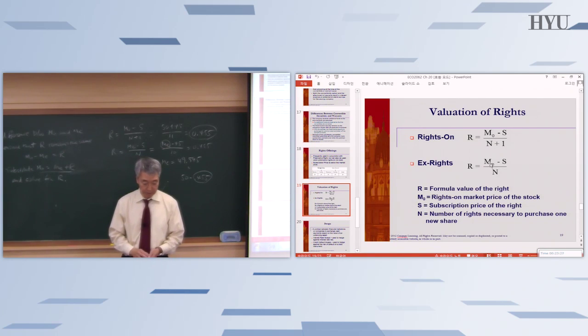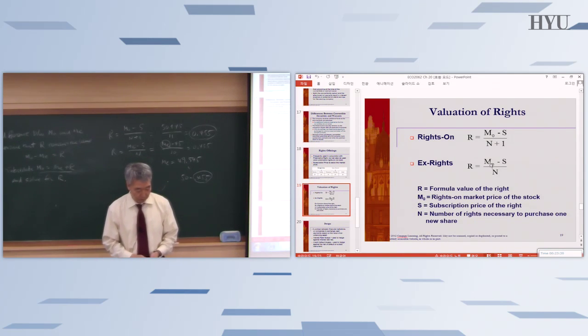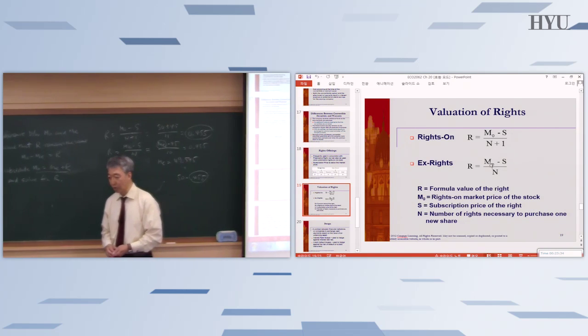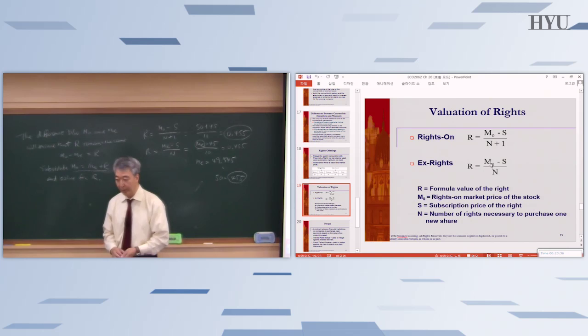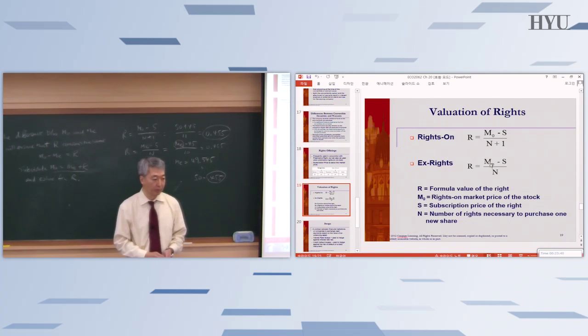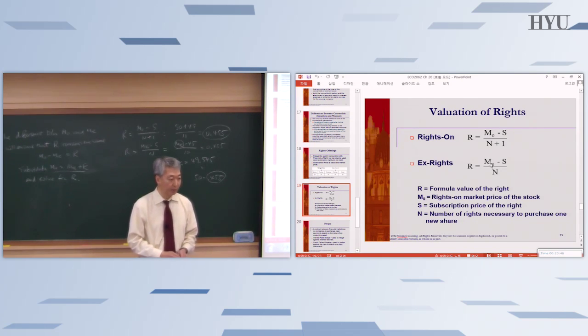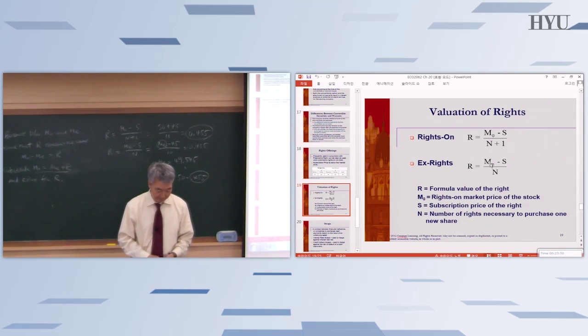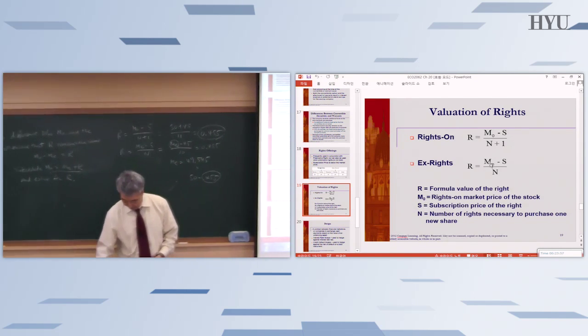So it's a very short-term call option. You have an option to purchase the new share or not. If you don't want to, you can just let it expire, or you can sell it in the market. That's the idea of rights.